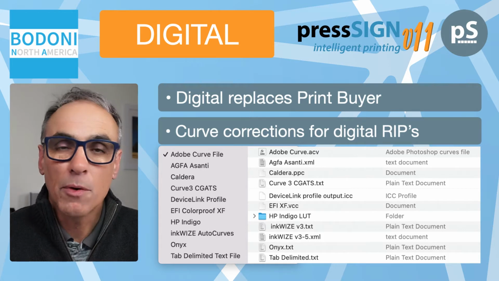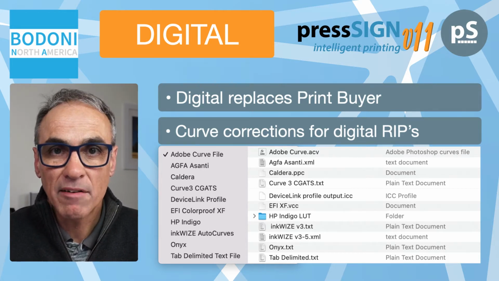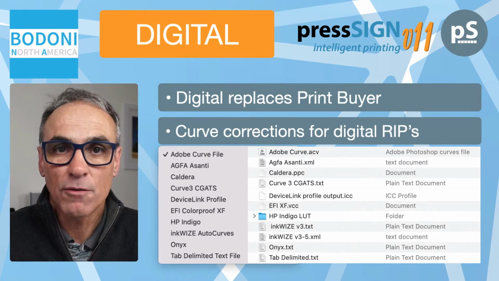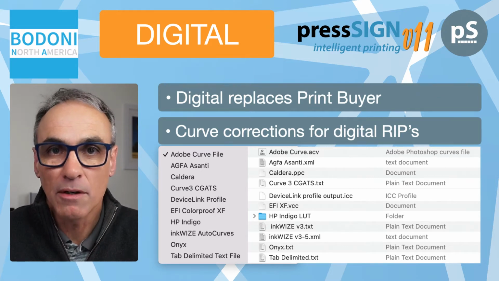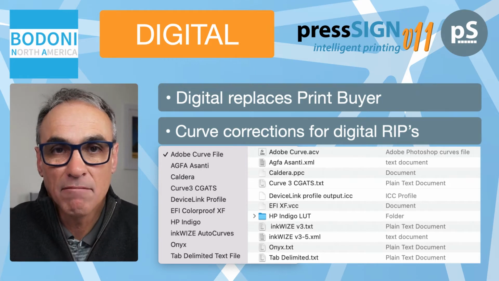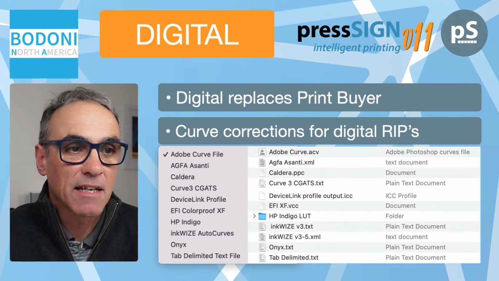Typically, you would be able to import those files into the RIP and it would automatically make the curve adjustment for you. As I say, the tab delimited text file was always there and available if you wanted to make manual adjustments using the data in numerical format. So hopefully that is an explanation enough.